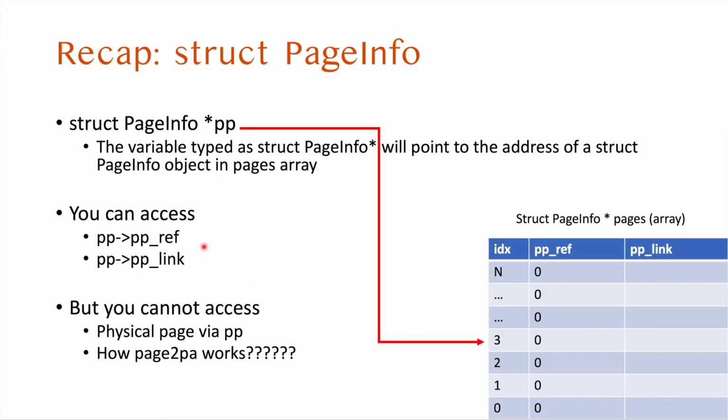Pointer arithmetic is a special type of arithmetic operation. How it works is, suppose your pp points to 3. If we have a pointer pages, it will always point to the start of the array, so it points to 0. Then pp minus pages will return 3.